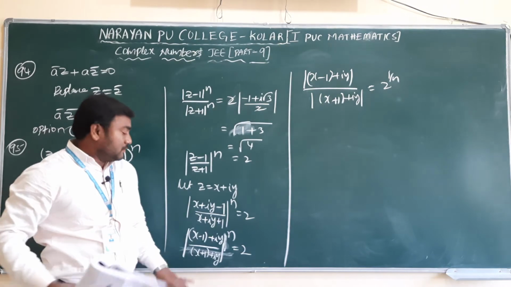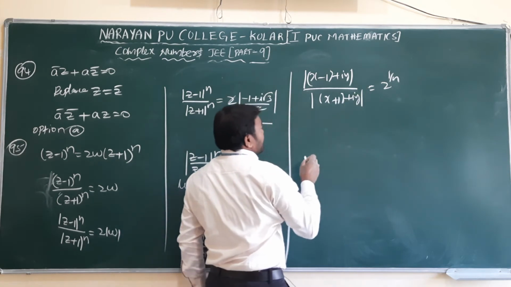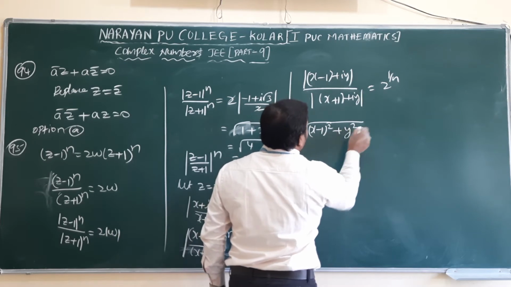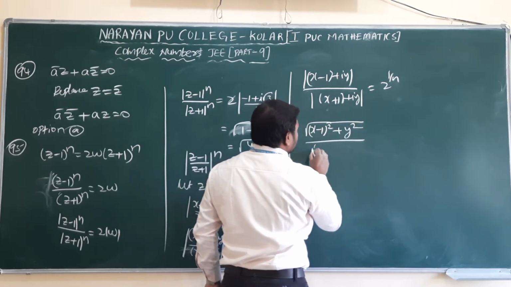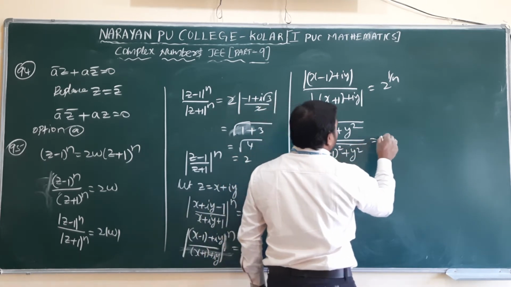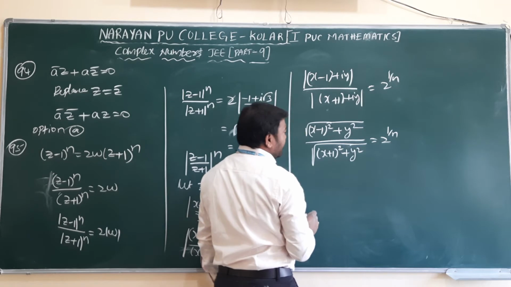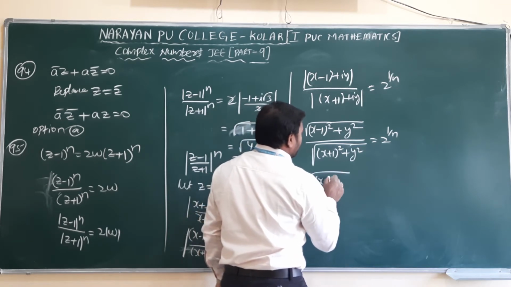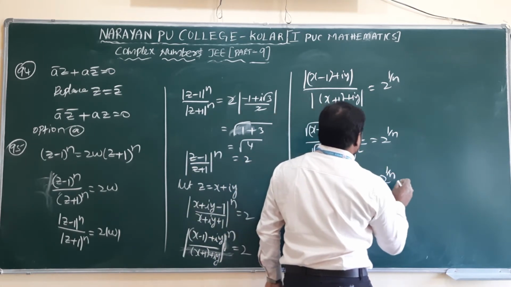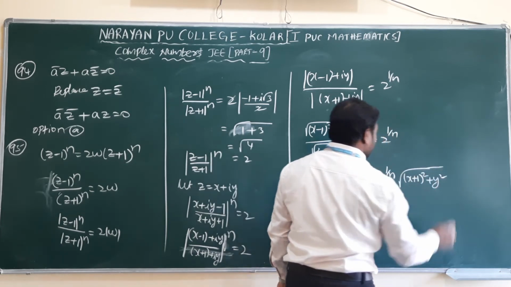So the square root of (x minus 1) whole square plus y square divided by the square root of (x plus 1) whole square plus y square is equal to 2 power 1 by n. Now cross multiplying, the square root of (x minus 1) whole square plus y square is equal to 2 power 1 by n into the square root of (x plus 1) whole square plus y square.